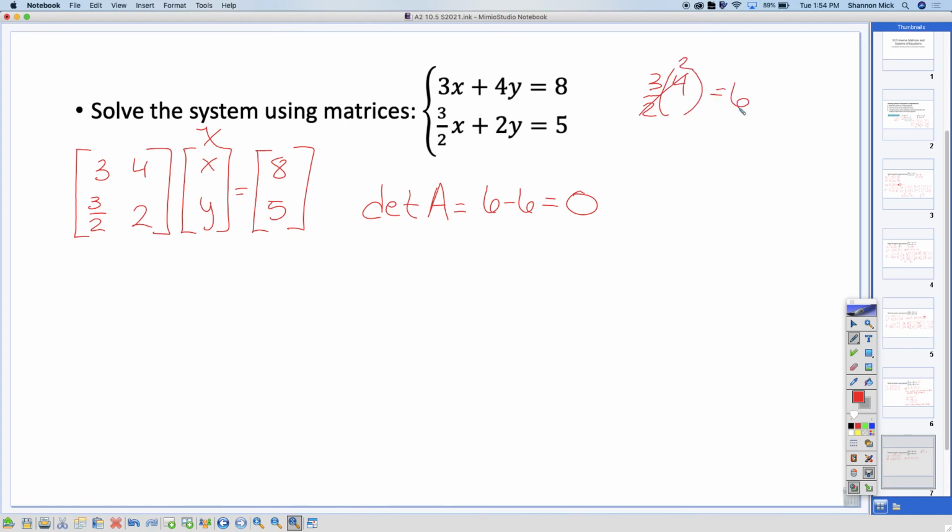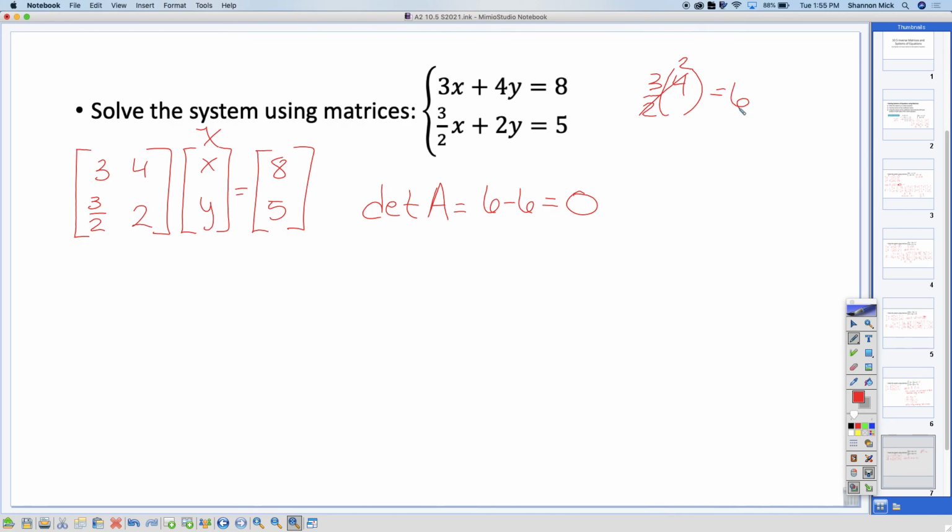Okay, so now we have to do elimination again. Are we eliminating x or y? X, because there's a fraction and we don't want a fraction. If we multiply the bottom by 2, it gives me rid of the 2 and gives me a 3, but I need a negative 3 to eliminate the x.